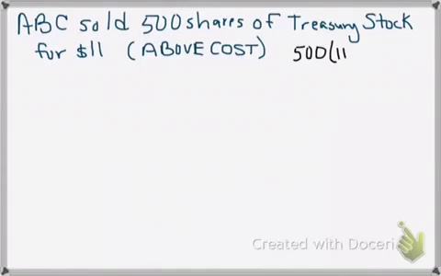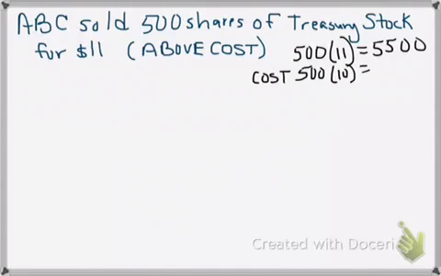We are actually going to be getting $11 for them, and so that's going to be that $5,500. The next one, where we normally would have done a par value, remember I said we ignore par value for treasury stock, we're going to use that cost valuation. So we will have 500 shares at $10 a share, which will give us that $5,000. And then we will have an excess here of $500.